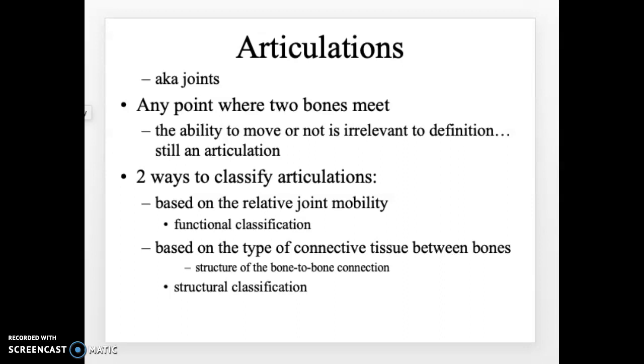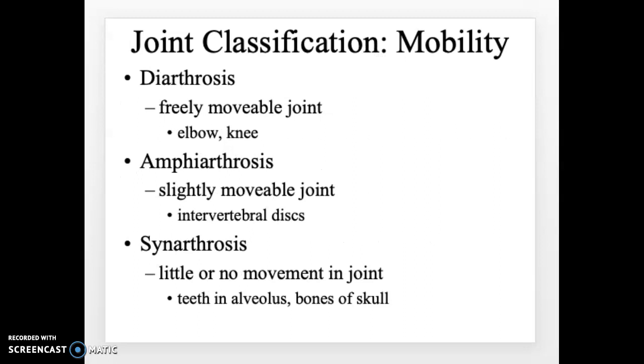We classify articulations based on one of two ways, either how much they move or the type of connective tissue that they use to hold together. So if we classify them by movement, we have three different categories. Diarthrotic joints are freely movable.